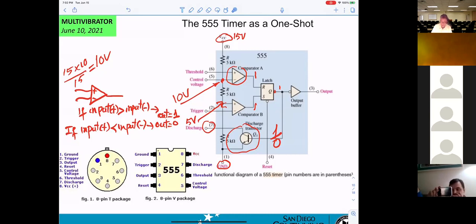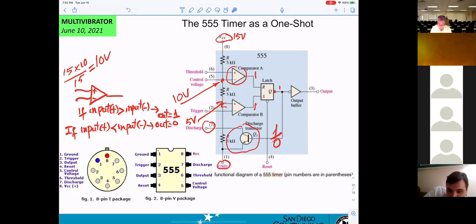So can comparator A and comparator B both simultaneously have 1? No, I just try to explain to you in order to know what logic here, right? Then you have to know what pin 6 equal, what pin 5 equal. Then you can tell him what output supposed to be.